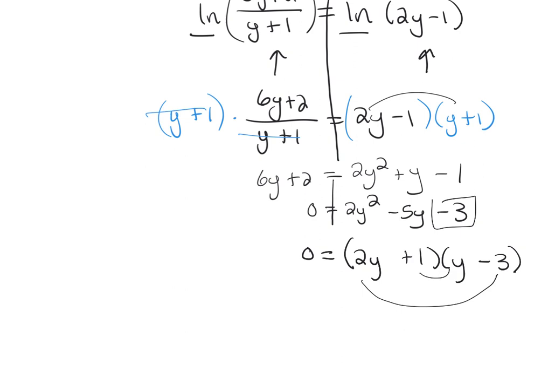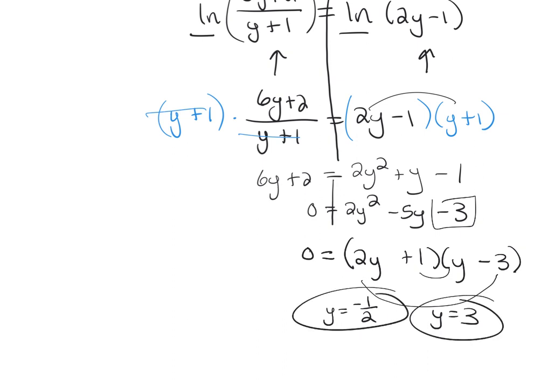Then if I set each factor equal to 0, I'll have that y equals negative 1/2 and y equals 3. For the sake of not making this video too long, I'm doing the math for you. Negative 1/2 is an extraneous solution, so the only real solution is 3, because when you plug in negative 1/2, you'll end up getting the logarithm of a negative number, and that can't work.